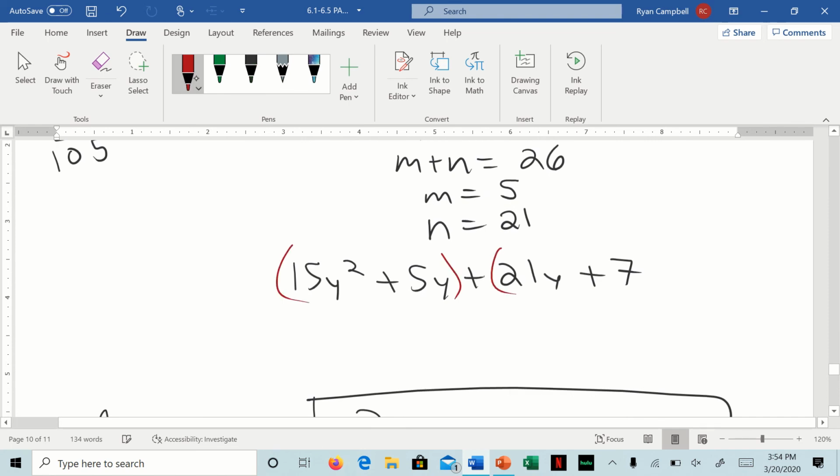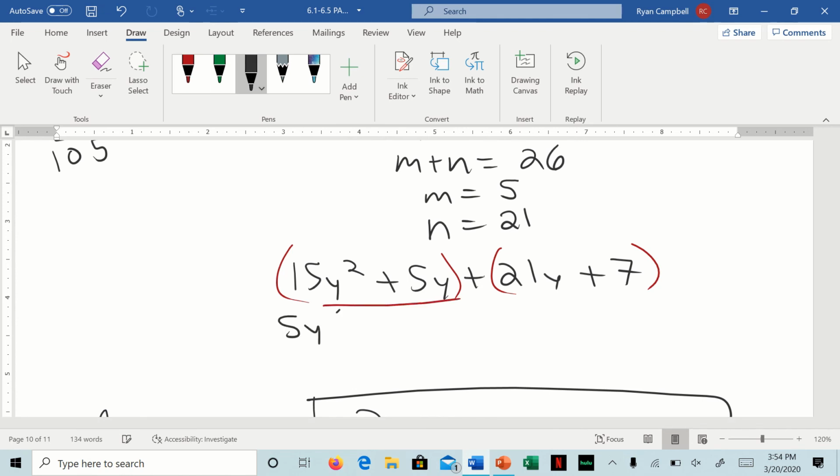So group them up and factor out. First term, we get 5y. What's left over? 3y plus 1. Second term, not 3, we get 7, right? 7's in common with 7 and 21.